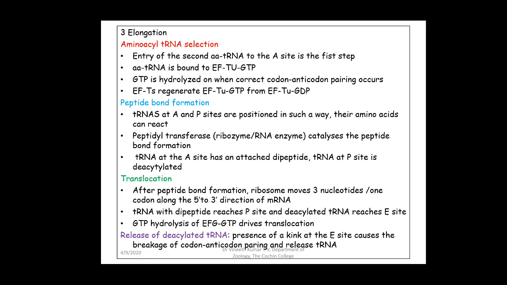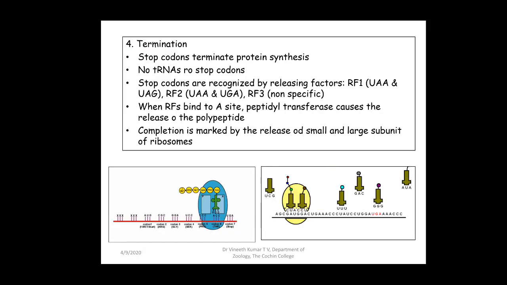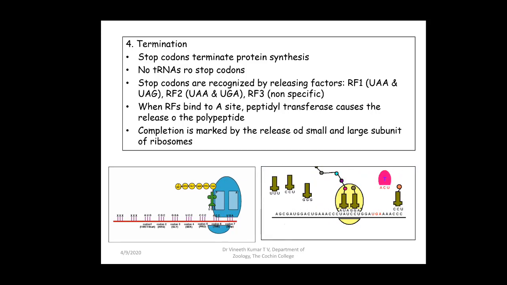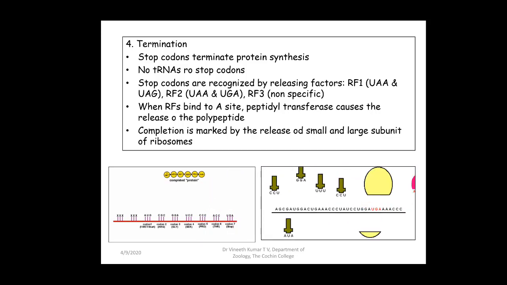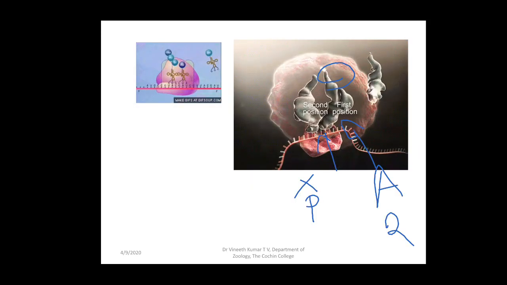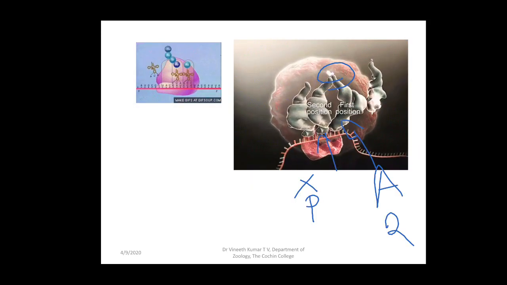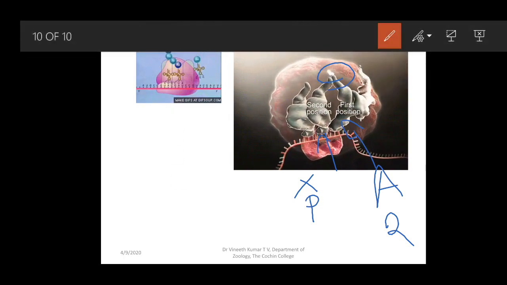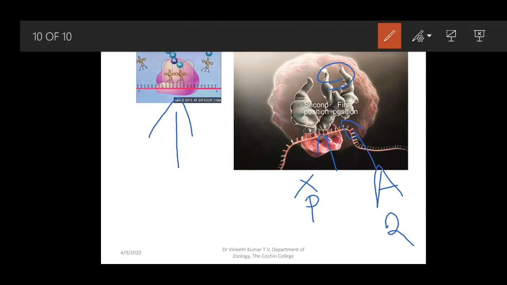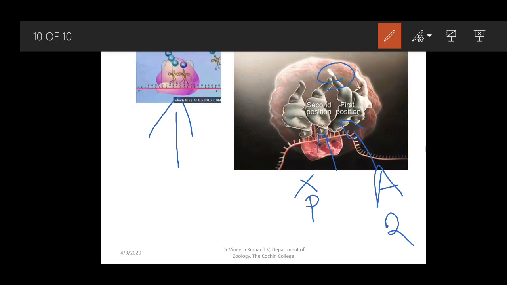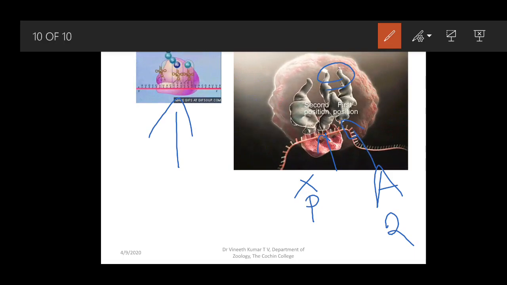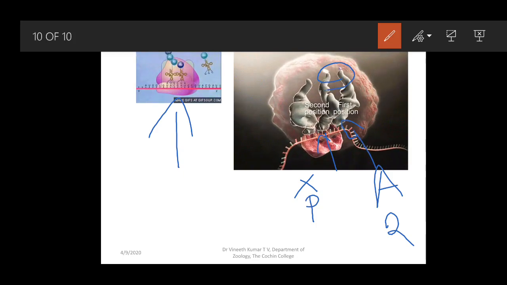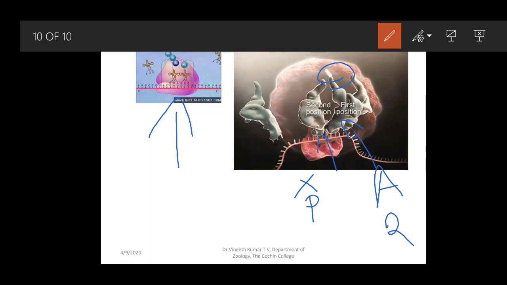When translocation occurs, as seen in these particular videos, you can see that there is a change in the sites. These 2 videos clearly depict the process. In this particular video, you can see after every peptide bond is formed, there is a translocation where the mRNA moves 3 nucleotides each.